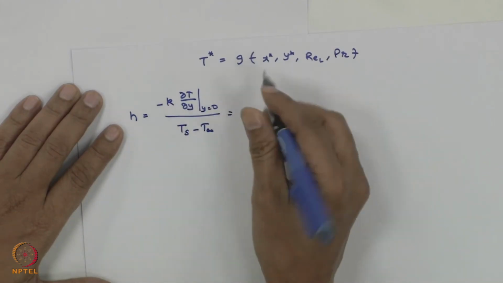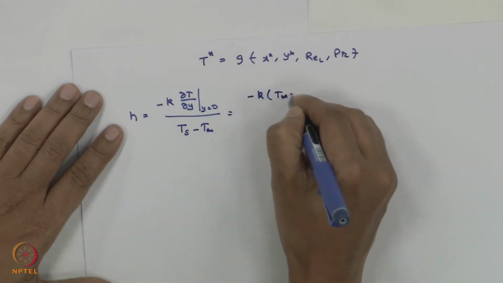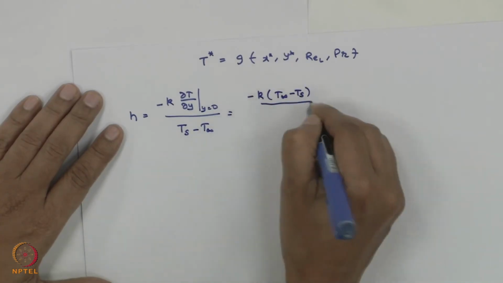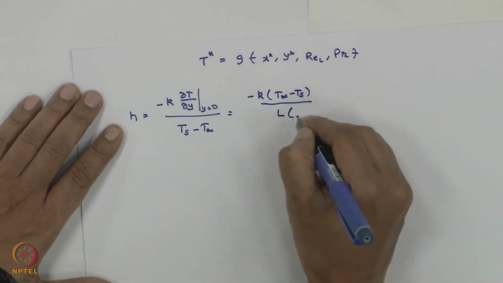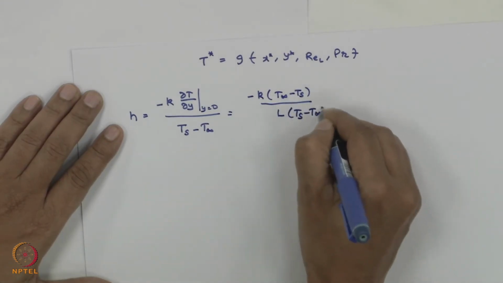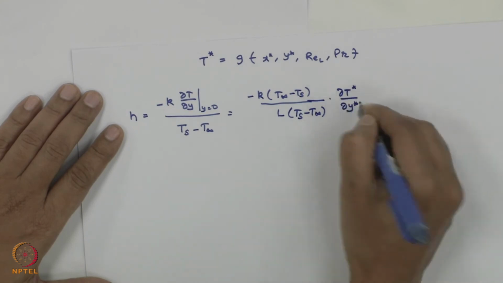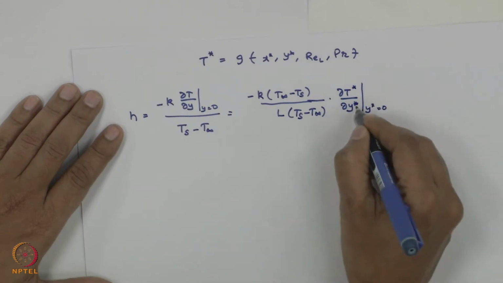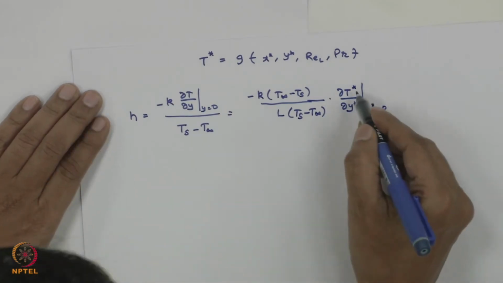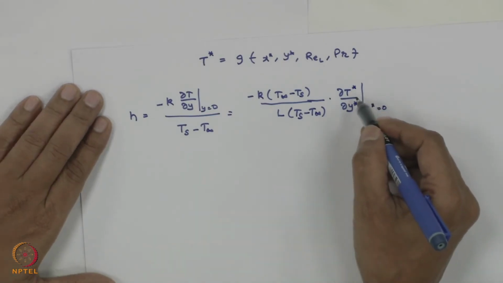So, if I non-dimensionalize this, I get minus K into T infinity minus Ts upon L, into Ts minus T infinity, into del T star by del Y star, at Y star equal to 0. Remember, Y star equals Y by L and T star equals T minus Ts upon T infinity minus Ts.